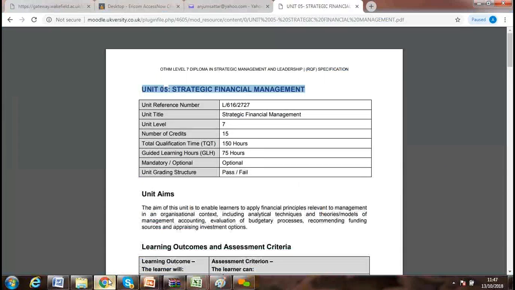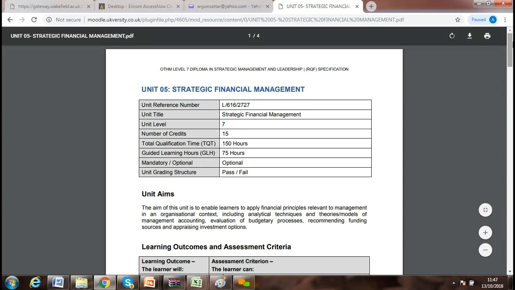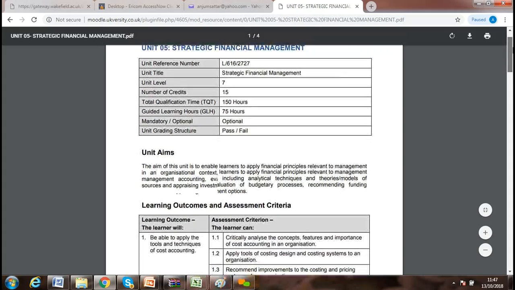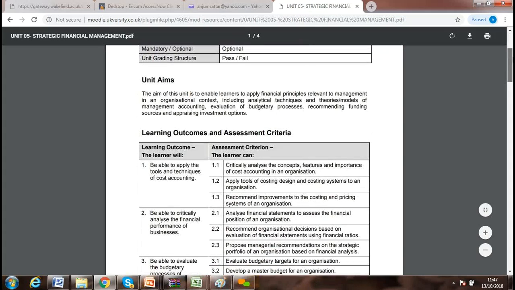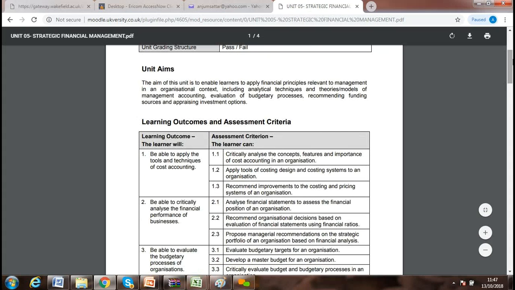Before starting, I'll quickly go through with you the module contents, this unit's contents which we're supposed to learn. Under unit 5, strategic financial management, we need to go through the assessment criteria, which will be pass or fail based on the assignment, and I'll show you the assignment brief as well. First learning outcome has assessment criteria 1.1, 1.2, 1.3.